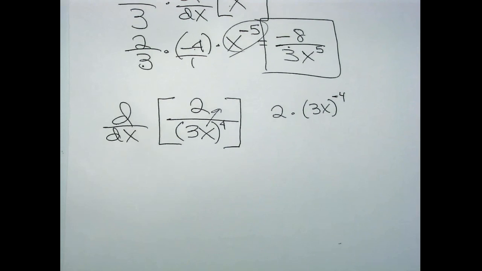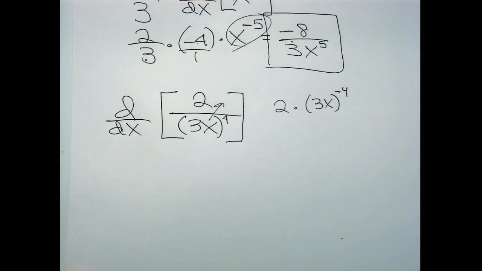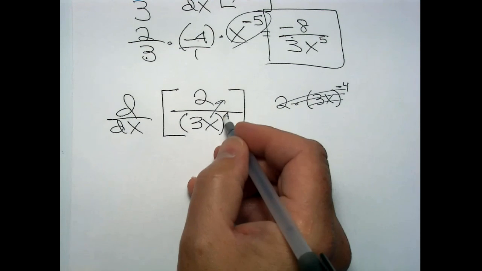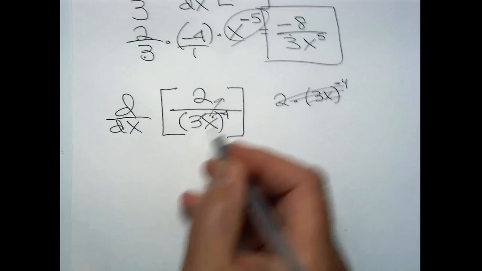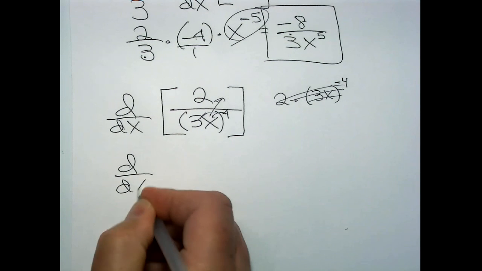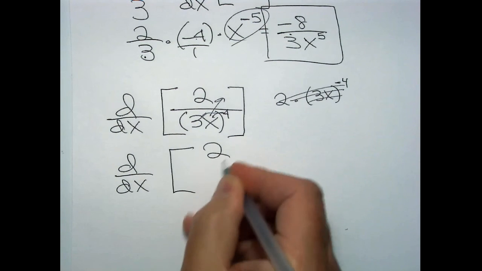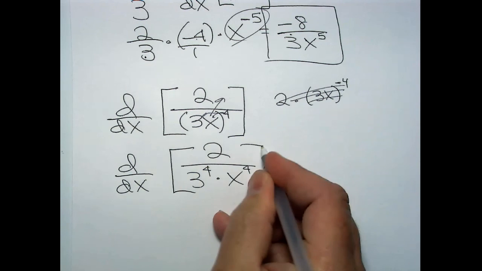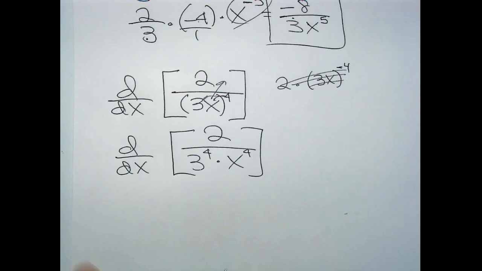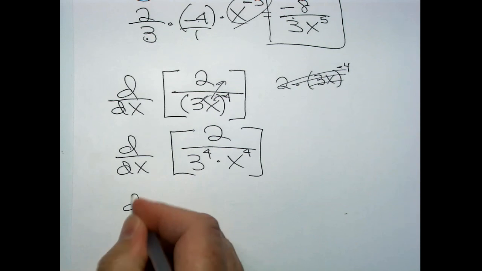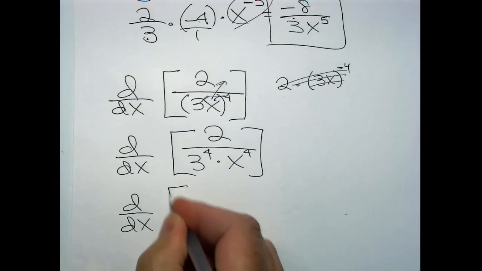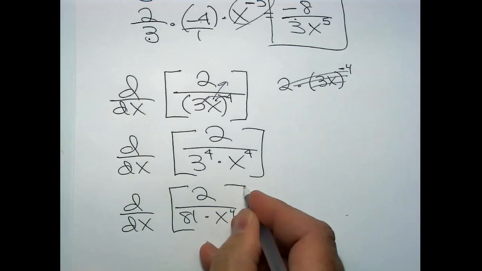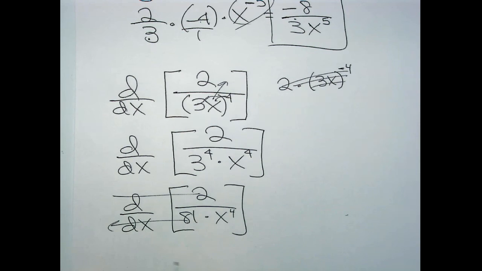I wouldn't recommend doing that. I don't think that's going to lead you to the correct derivative. What I recommend doing is notice that this 4 applies to both. I want you to distribute that out first. So it's actually 2 over 3 to the 4th power and x to the 4th power. In fact, 3 to the 4th power, that's 81. And once again, all we really have is this constant multiple of 2 over 81 that can come out front.